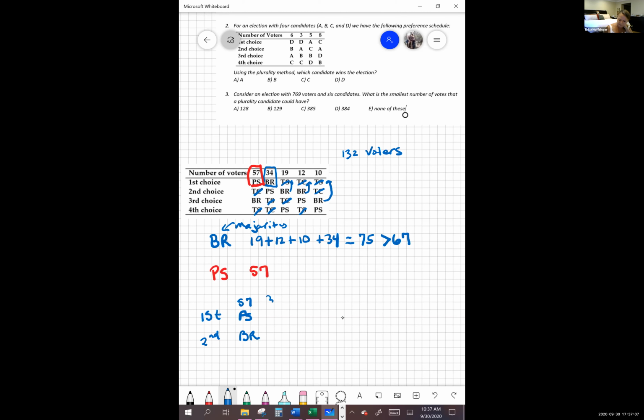Here we have 34, we have the BR and then popcorn shrimp. Here we have the 19 and then we have BR, PS, 12, BRPS, and 10 was BRPS.